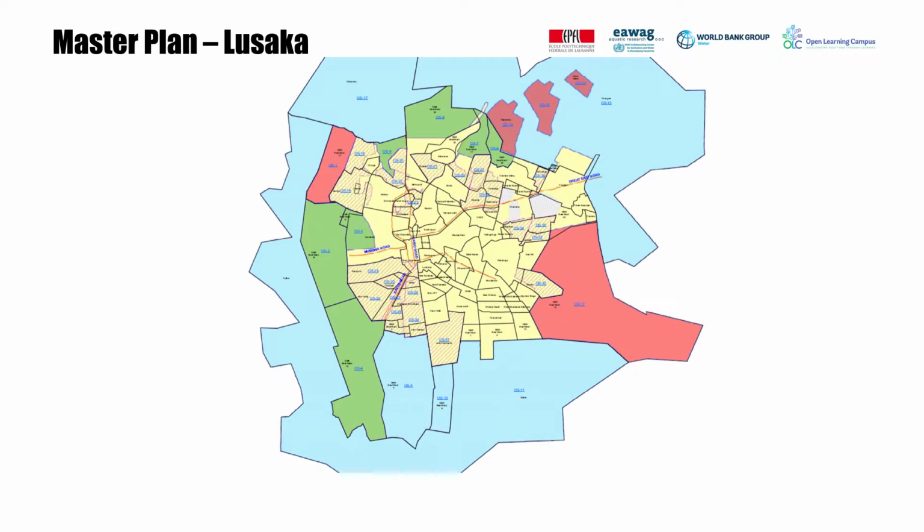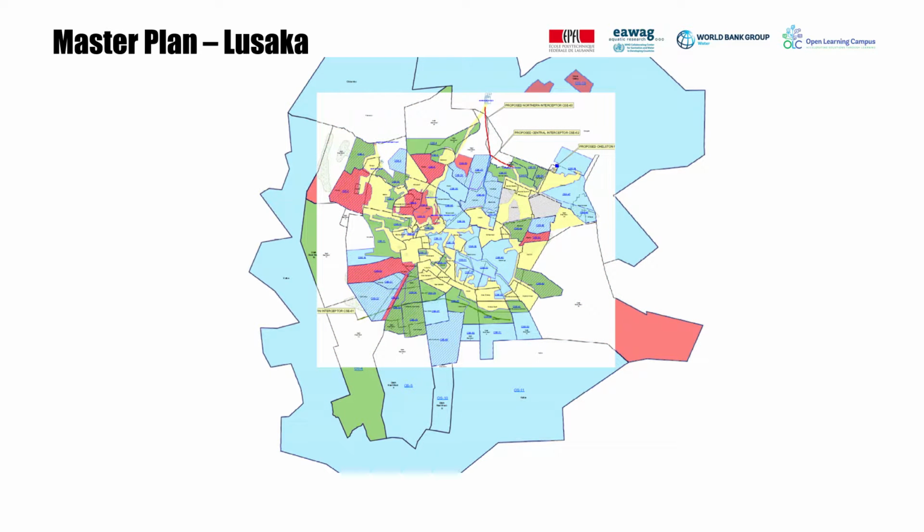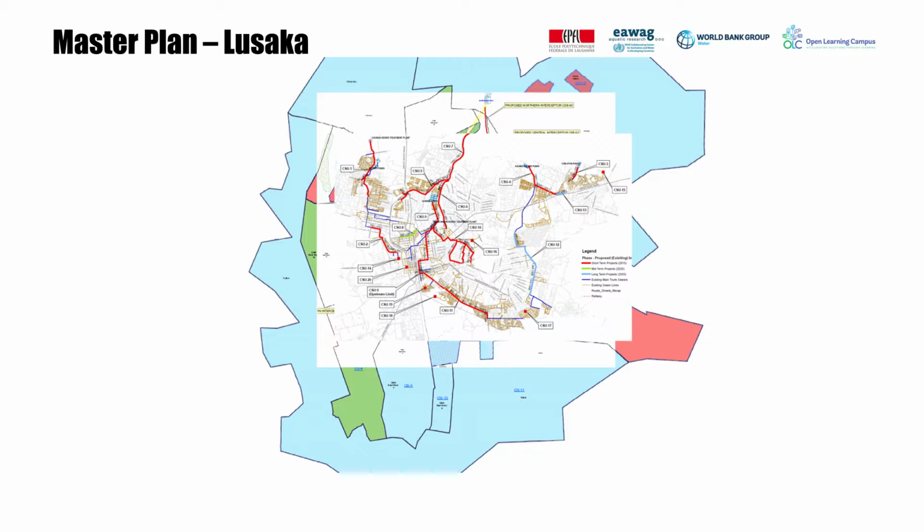In the case of a project prepared in Lusaka, for example, the starting point was the preparation of a sanitation master plan for the city. Such plans, however, often focus on infrastructure development and normally propose the expansion of sewerage at great cost to the city.